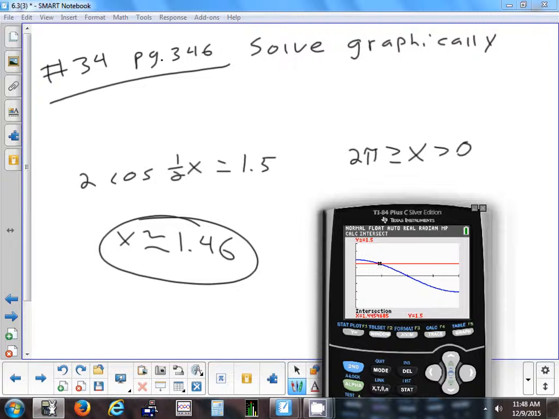Well, what would you add to it to get the next time you'd see this answer? No, this answer is not going to reoccur every 2 pi. It's going to reoccur every 4 pi. So if you add 4 pi to this number, you would get the next time this occurs down the graph. If you subtract 4 pi, you could get the time before it.